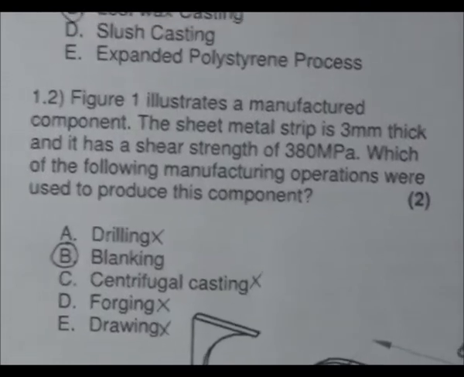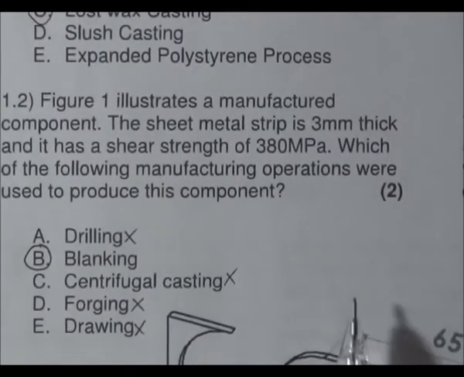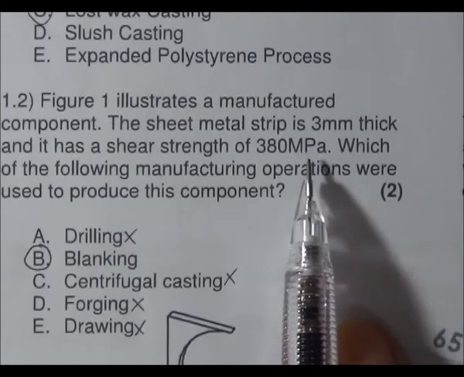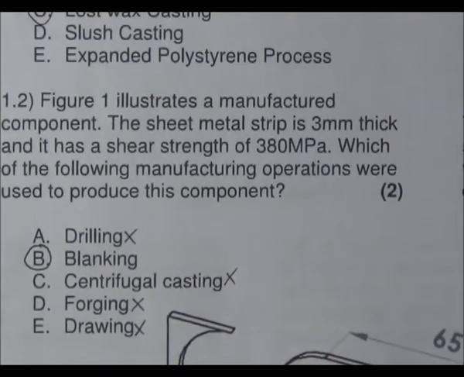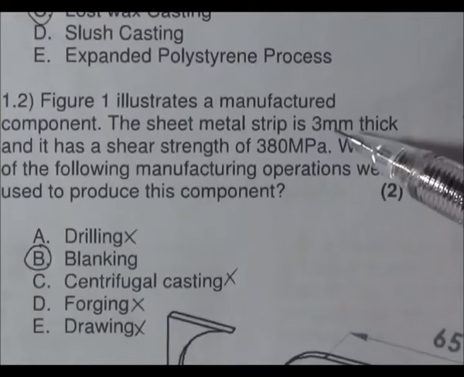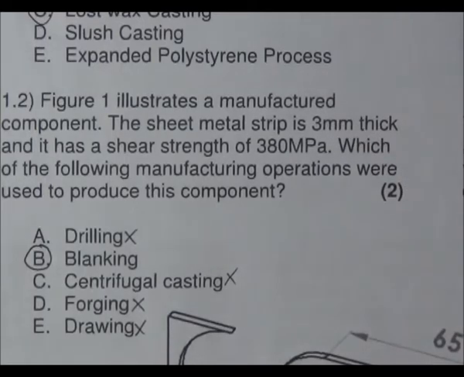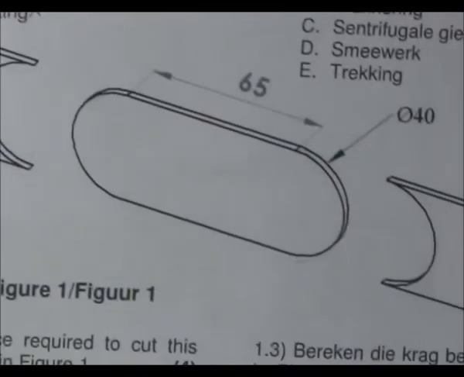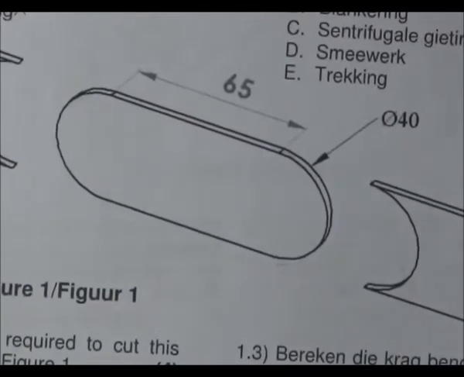So the shear strength was given in question 1.2 as 380 megapascal. The material thickness was also given there as 3 millimeters. And now all we need to do is look at the picture to determine the length of the cut.